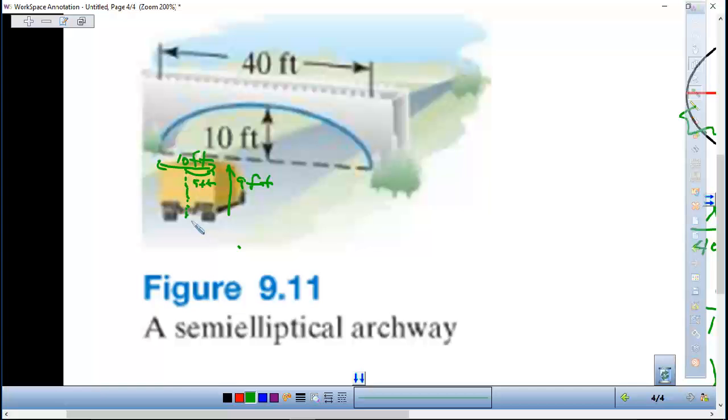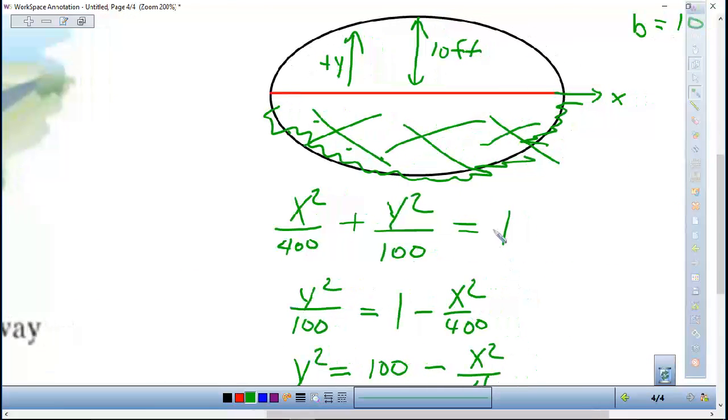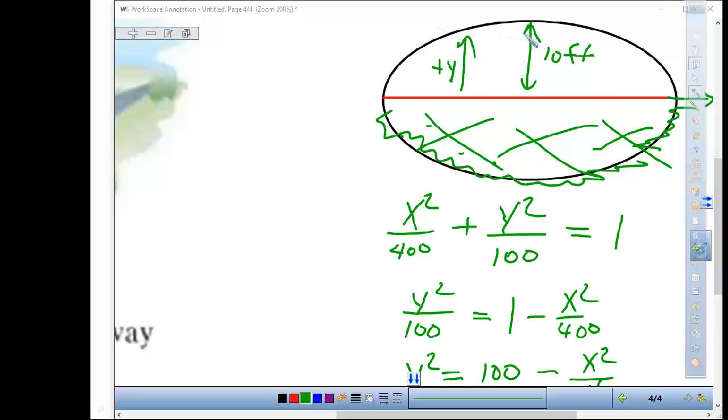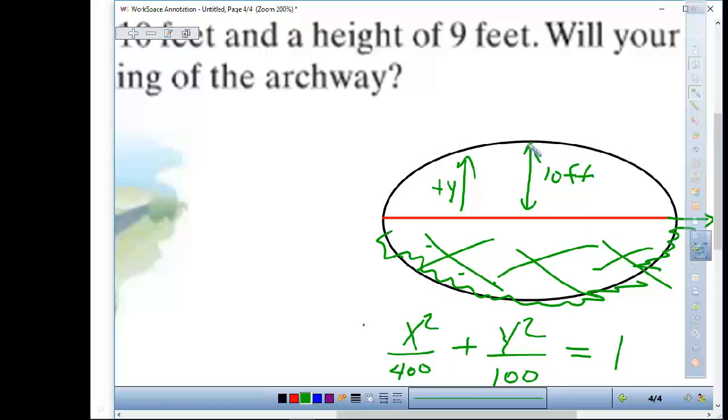So what we're looking at now with our graph, remember we've got this highest part right here. And that is our y-axis.